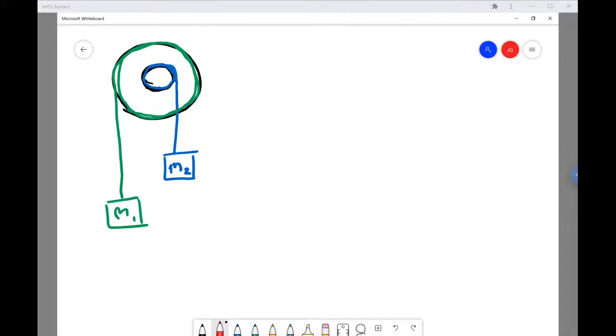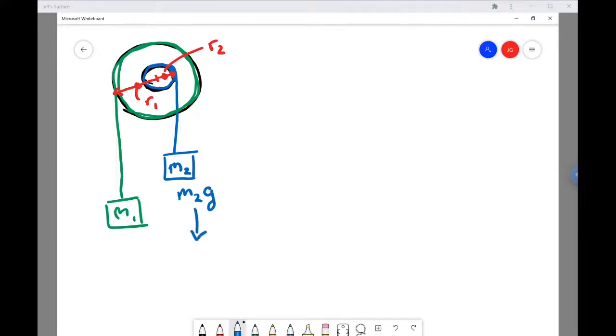So the weight of these masses, call this R2 and this distance R1. Okay, so the weight of these masses are going to be their respective masses times the acceleration due to gravity.